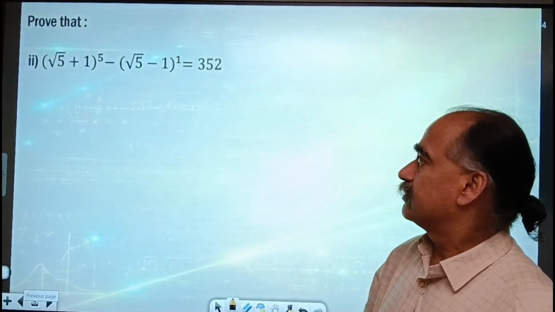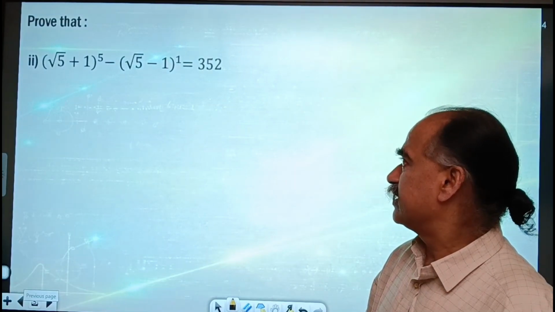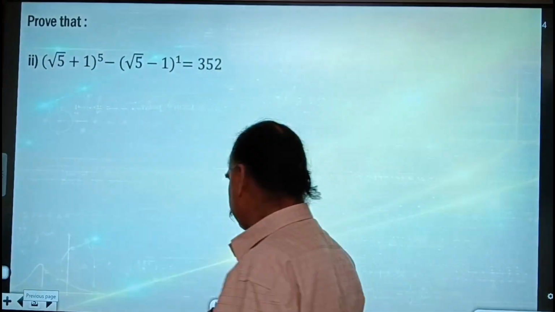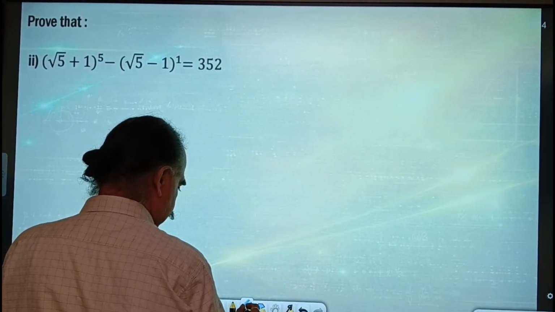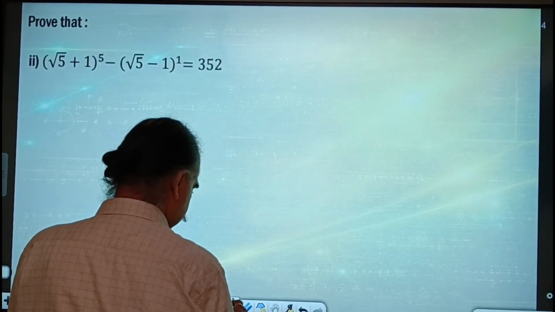So next problem is root 5 plus 1 raised to 5 minus root 5 minus 1 raised to 5. So there is correction in this.